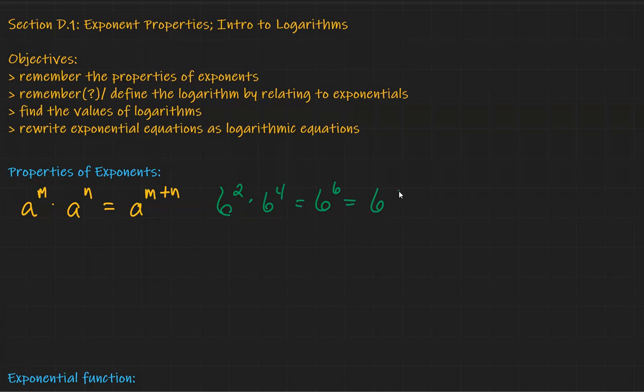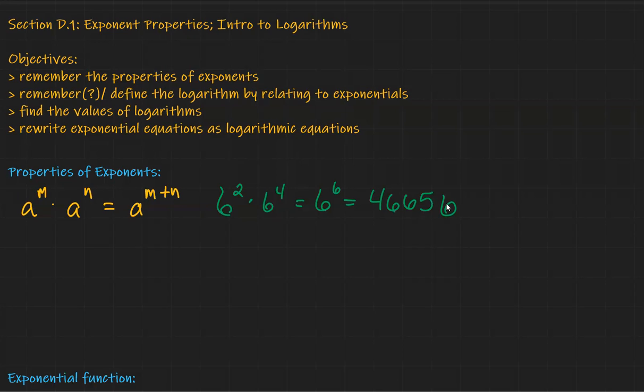Okay, we can do this with variables as well, but we'll just do some concrete examples. Okay, so that's our addition property of our exponents. That's when we add the exponents.